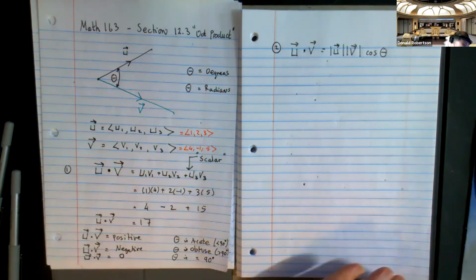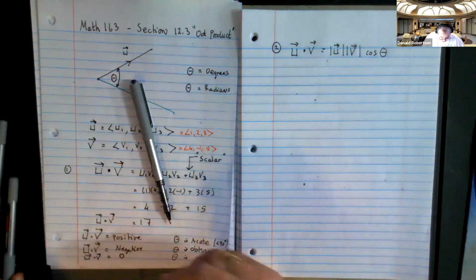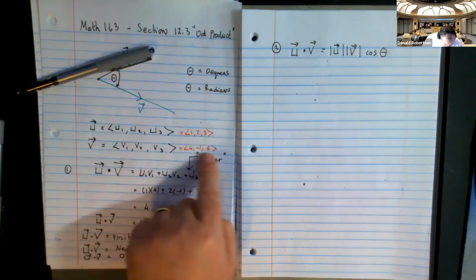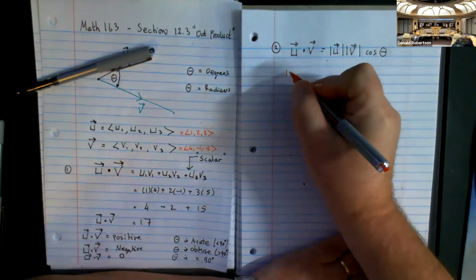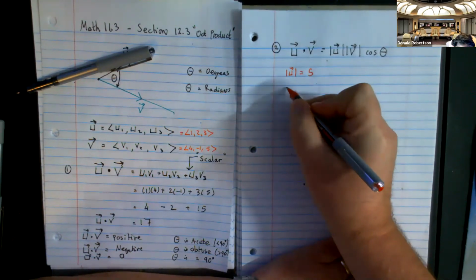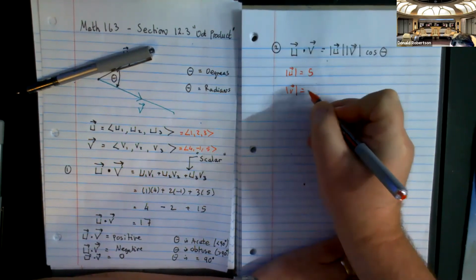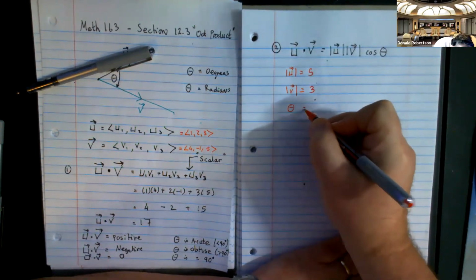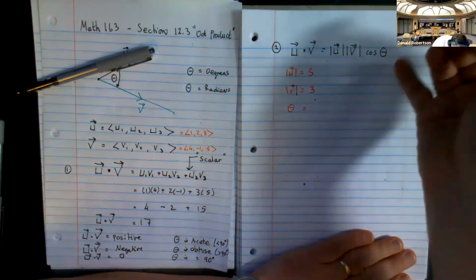What you would get instead would be something like this. I won't tell you what u and v are in this form. I'll just tell you that the vector u is, say, 5 units long, and that the vector v is, say, 3 units long, and that the angle between them is, say, 30 degrees.